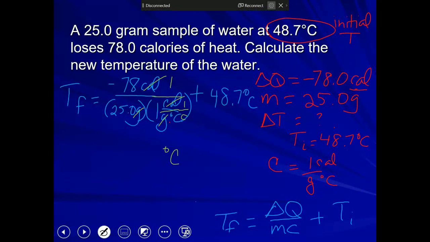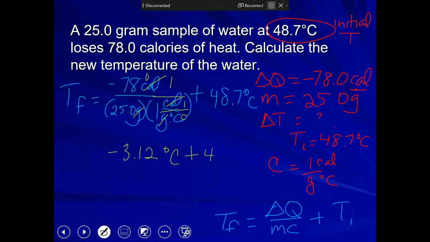So I'm going to take negative 78 and divide by 25 and divide by 1. And I got negative 3.12 degrees Celsius.